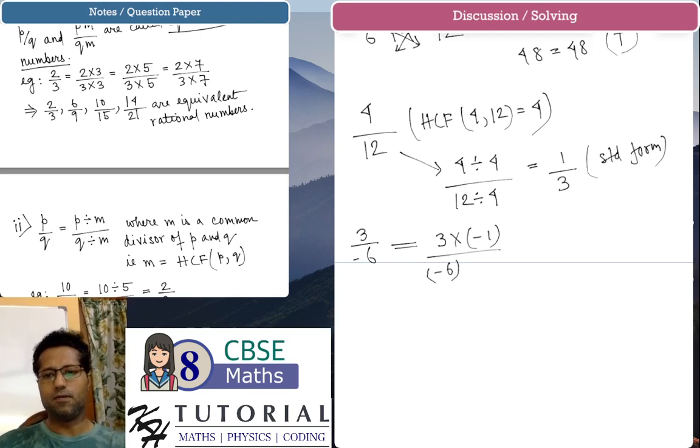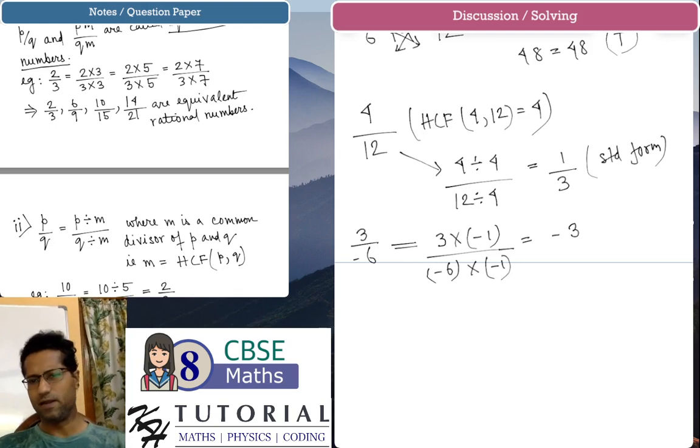In any rational number, if you see the denominator is negative, to make it positive you just multiply both the numerator and the denominator by minus 1. Then the denominator becomes positive, and the numerator may be positive or negative, it does not matter. What matters is that to make a rational number standard form, the denominator has to be positive. So this becomes minus 3 by 6.